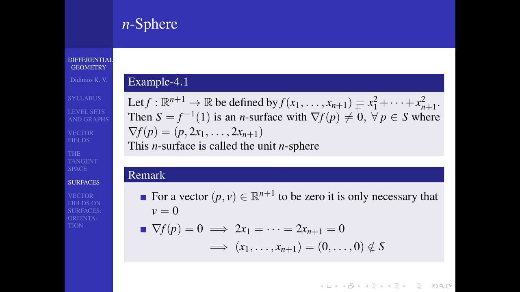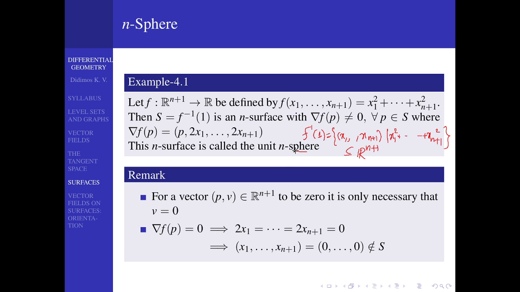Okay, the precise elements of this f inverse of 1 is the set of all x1, x2, etc., x_(n+1) such that x1 squared plus etc. plus x_(n+1) squared equals 1. This surface is called the unit n-sphere in R^(n+1). This is always a subset of R^(n+1), and it is called an n-surface instead of an (n+1)-surface.